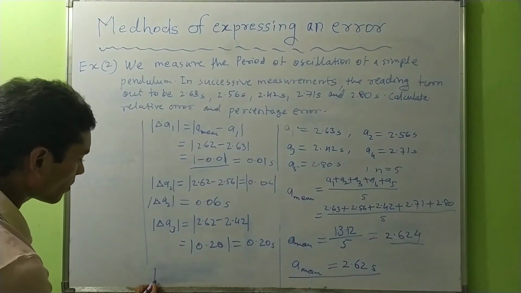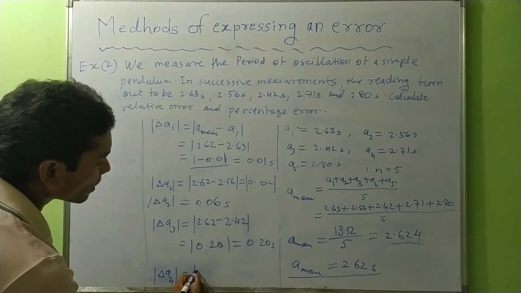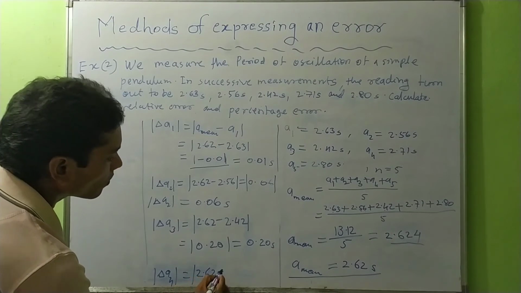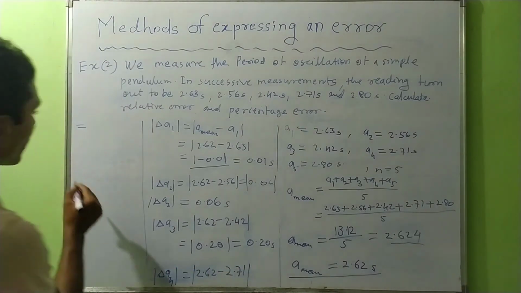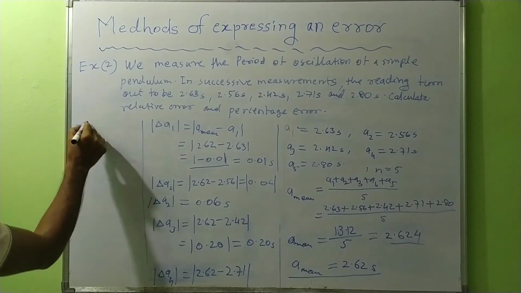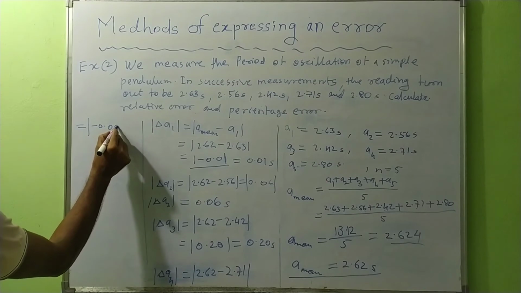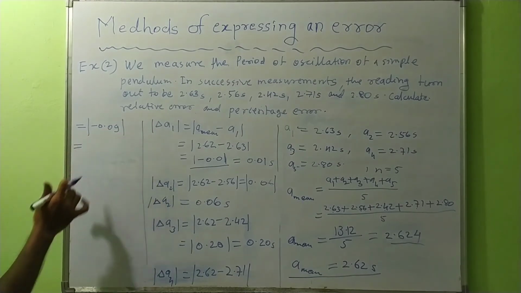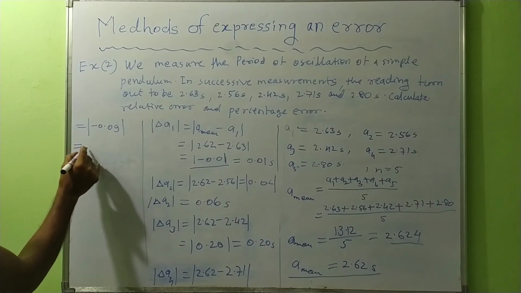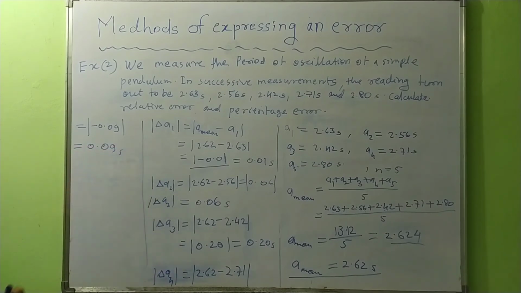Now fourth absolute error will be mean value 2.62 minus 2.71. Okay, and it will be equal to minus 0.09, because this is the absolute error, that's why here positive will be there, so 0.09 second will be there.